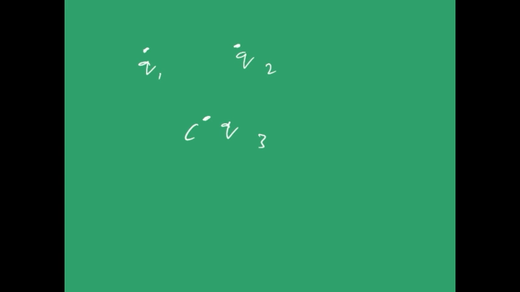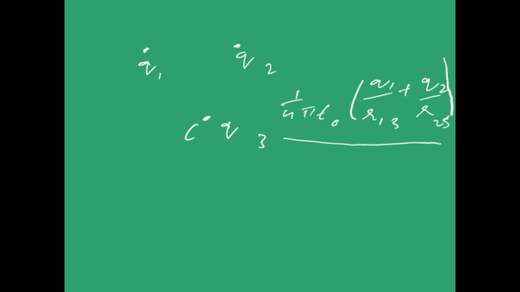So the potential before was 1 by 4 pi epsilon naught, q1 by r13, which is the distance between charge q1 and q3, plus q2 by r23, which is the distance between charge 2 and charge 3. So this was the potential before bringing the charge 3, or this is the potential experienced by charge 3 due to charges q1 and q2.